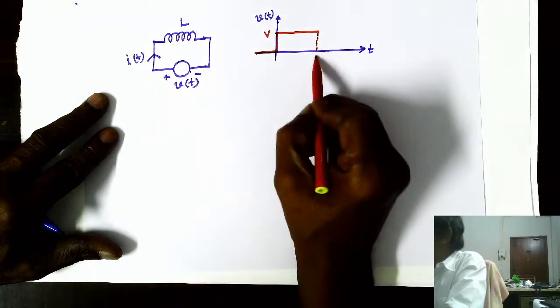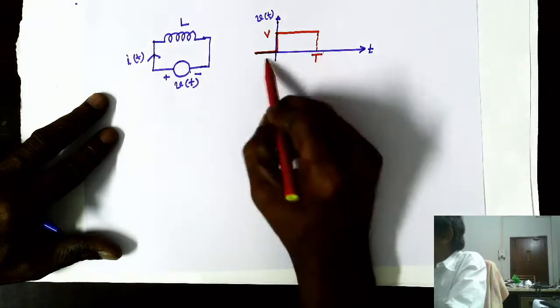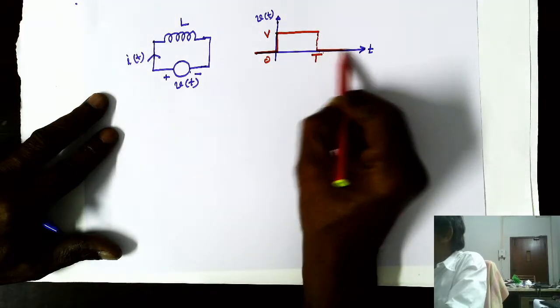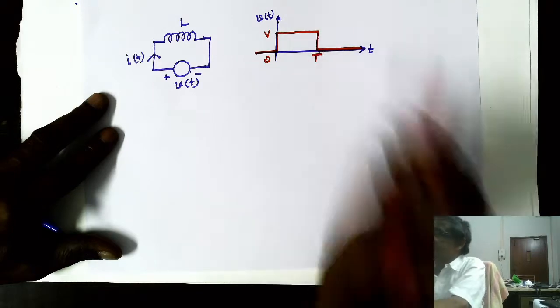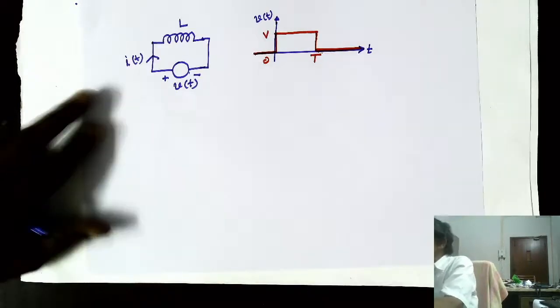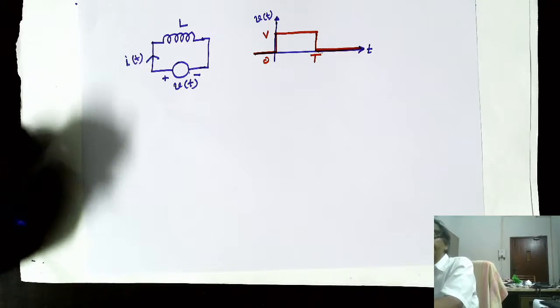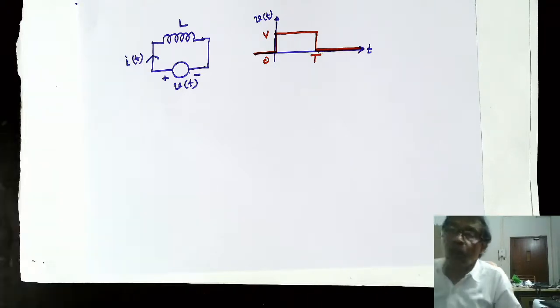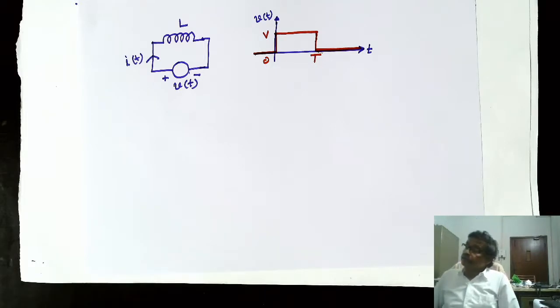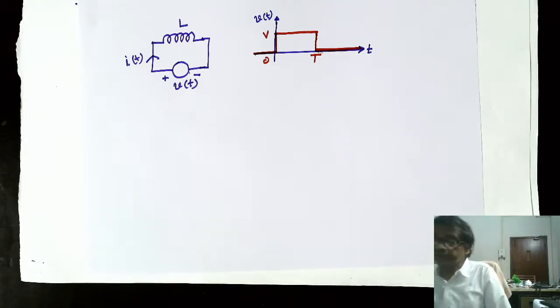After time, say capital T, it becomes 0 like this. This is the applied voltage across the inductor. Got the point? Okay. Then the question is, what will be the current in such a scenario?